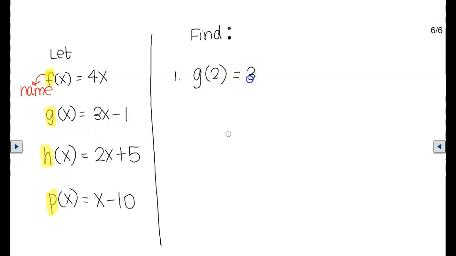So for this problem, I would do 3 times 2 minus 1. So that letter tells me which one of these 4 functions I'm supposed to be using. So I would do 3 times 2 first, which is 6. And then 6 minus 1 is 5. So g of 2 would be 5.